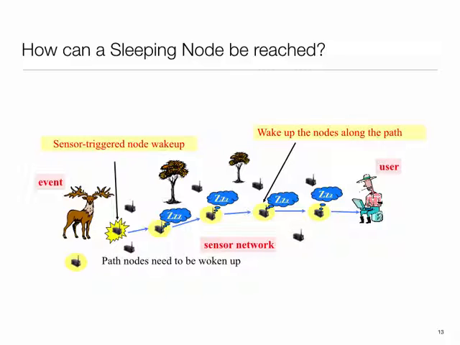But the nodes are asleep, so they need to be woken up. Obviously, if something is truly asleep, it cannot communicate, and if it cannot communicate, I cannot send it a message to wake it up. So I have to somehow fake this process.